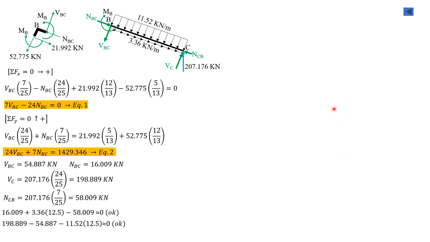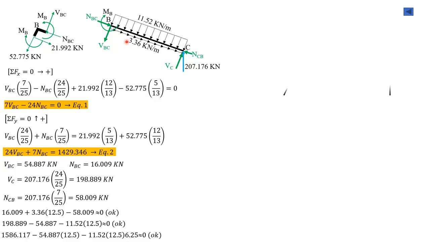So if you sum up moment anywhere on section CD from C to D, the moment is 0. So that's why we should equate moment here to 0. So considering clockwise positive, we have MB, which is 1586.117, then minus V sub BC, which is 58.887 times 12.5, minus 11.52 times 12.5 times moment arm 6.25, that's almost 0 also. So that checks equilibrium of member BC.